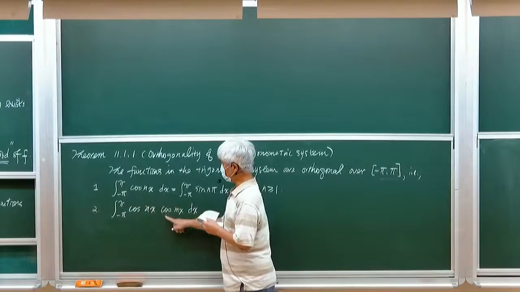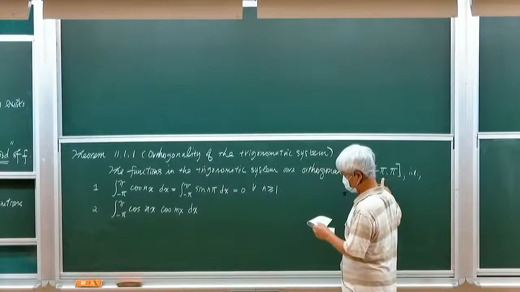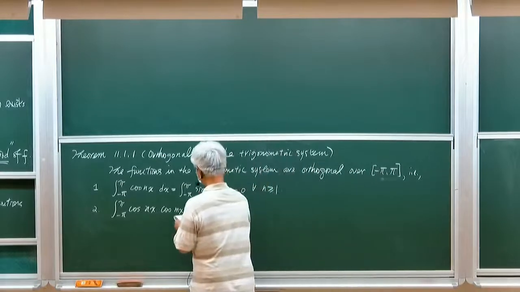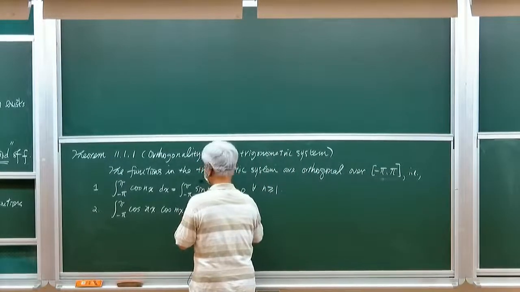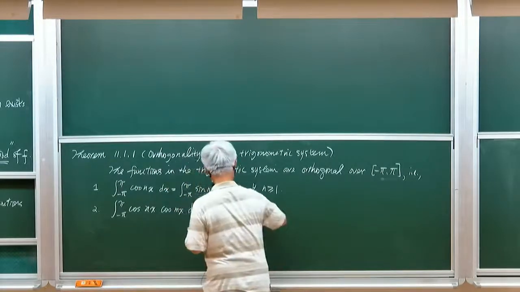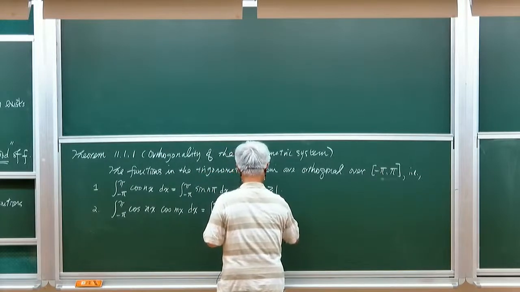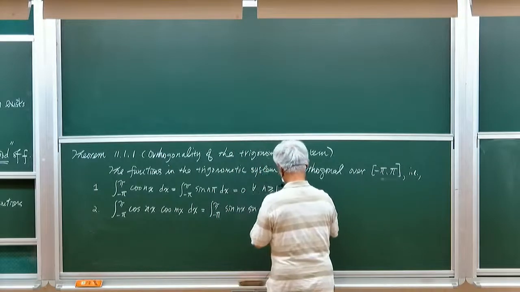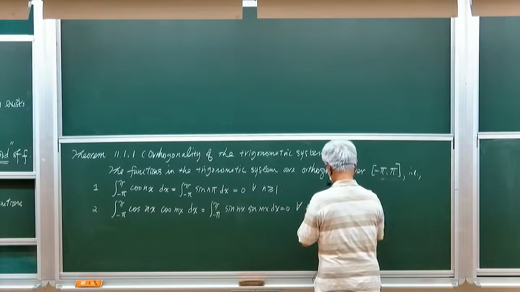All right, so this product, and you integrate over this interval, the value is 0. It is the same if we replace the cosine function by the sine function, which is 0 for n and m greater than or equal to 1, and n not equal to m.